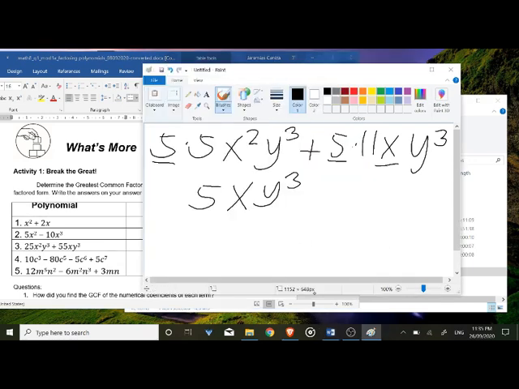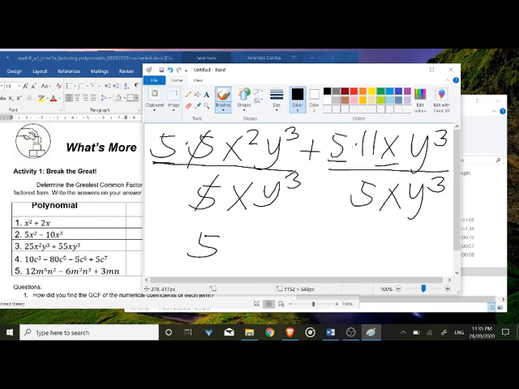We will divide each term with the common monomial factor, 5x y cubed. So, common si 5. This is 5, x squared over x. So, 2 minus 1. Diba? So, x na lang.